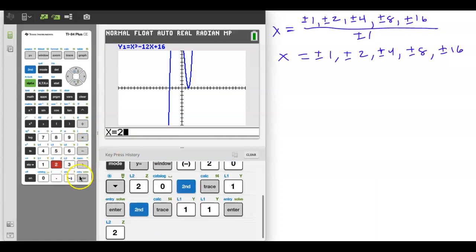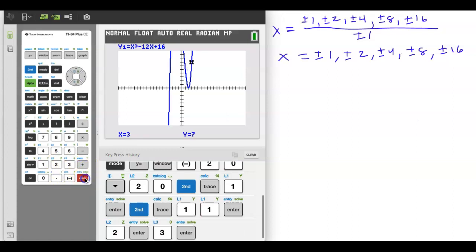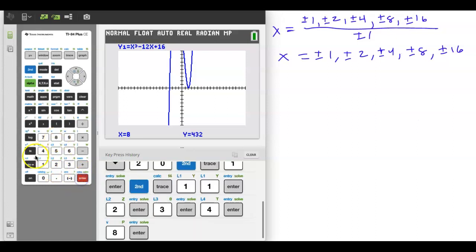So now that I'm in the calculation mode, I just try the other numbers. So here I go, 2, enter, and you see that 2 works. 3, enter, 3 doesn't work. 4 doesn't work. 8 doesn't work. 16 doesn't work, okay? So what we see here is that x equals 2 is a zero, and it's a positive one.